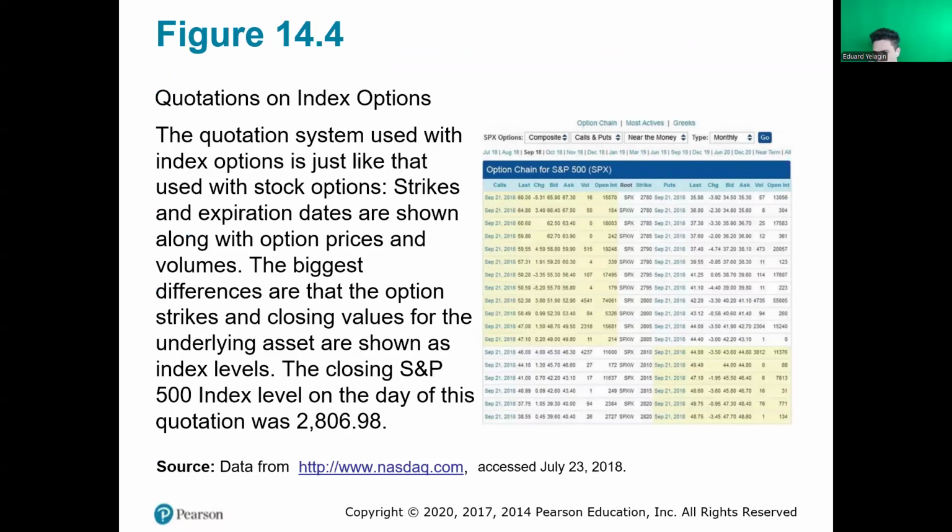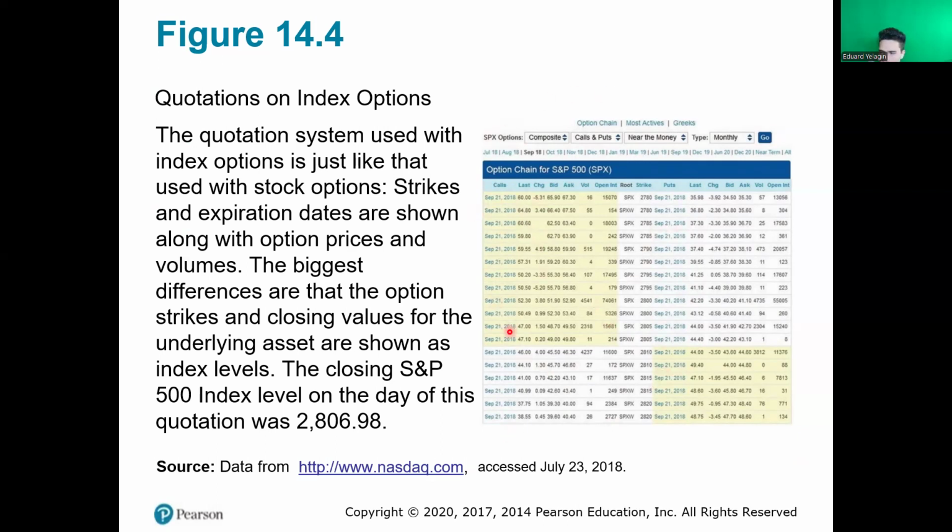So this figure shows what a real index option quotation looks like. Here for the S&P 500 index, just like stock options, each row lists the strike prices, expiration dates, and bid-ask quotes for both calls and puts, along with trading volume and open interest. The big difference is that instead of share prices, everything here is expressed in index points.